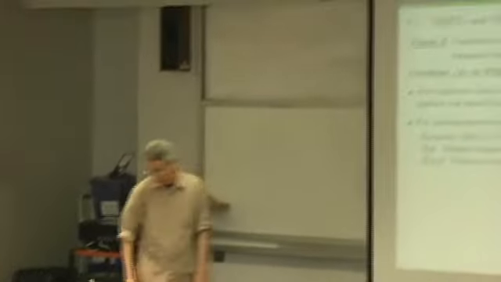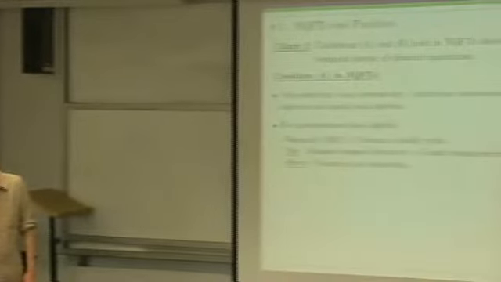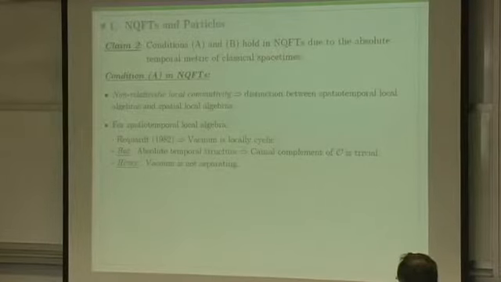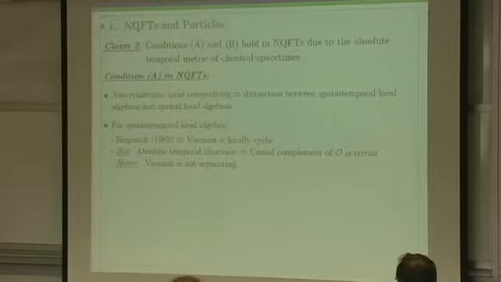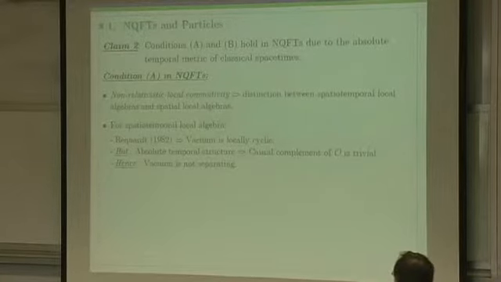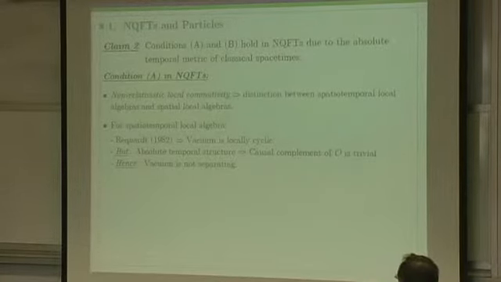Now, for spatio-temporal local algebras associated with non-relativistic quantum field theories, Reeh and Schlieder demonstrated local cyclicity in the vacuum. But the absolute temporal structure of classical spacetimes entails that the causal complement of a spatio-temporal region of a classical spacetime is trivial. So vacuum separability fails in this case.